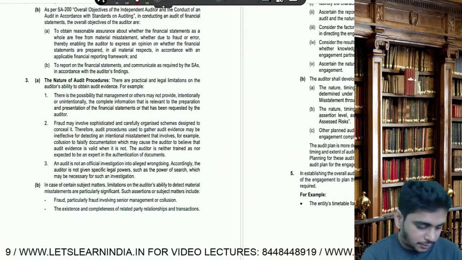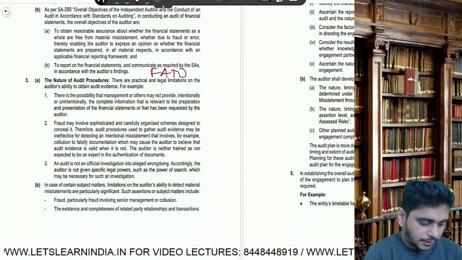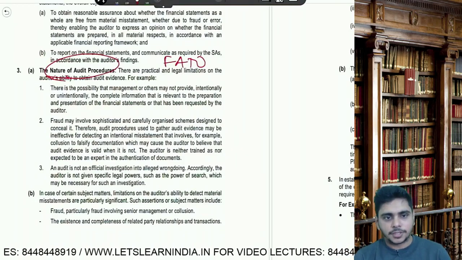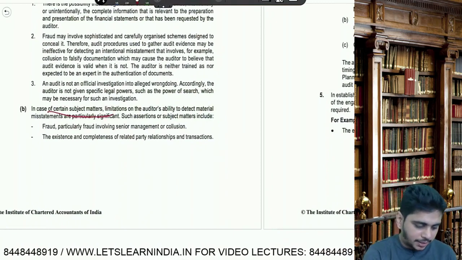So 3A is basically your FATO. Nature of audit procedures. Nature of financial reporting, timeliness of financial reporting and other matters, if you remember the FATO code. So in this specifically they have covered nature of audit procedures. The B part is the other matters.